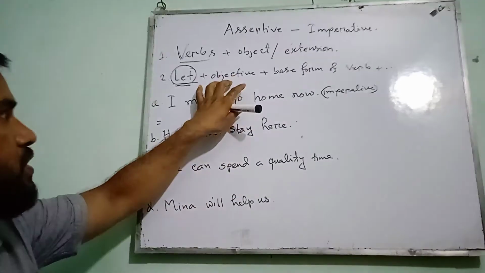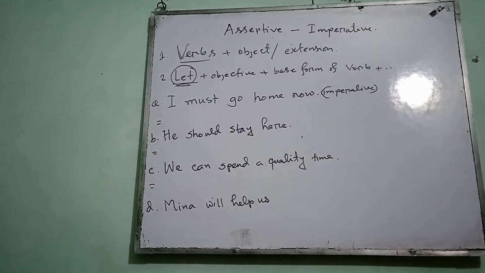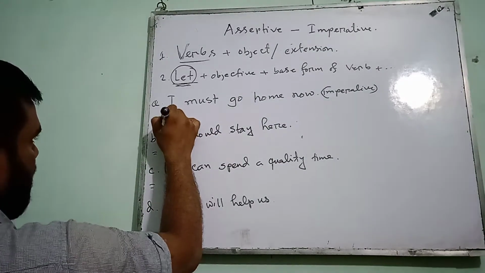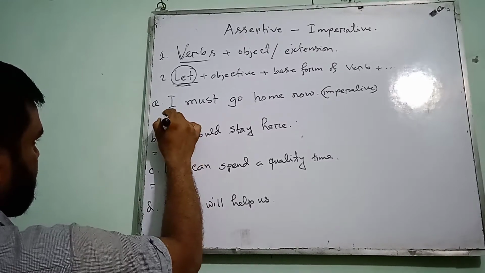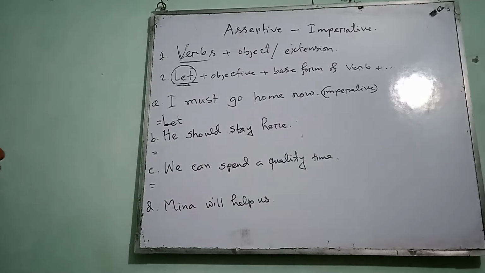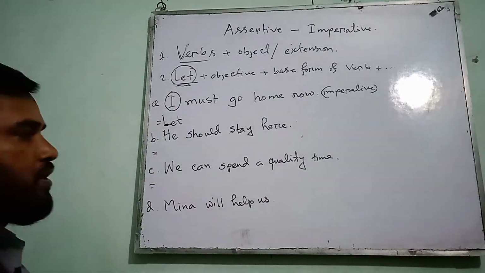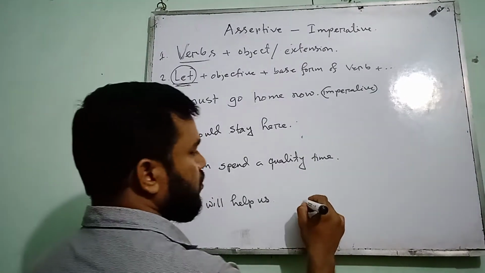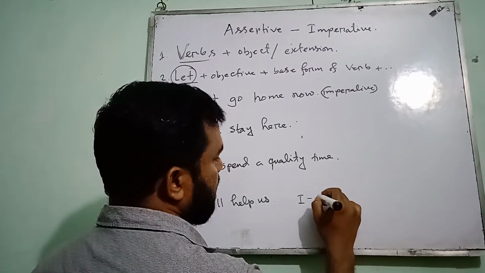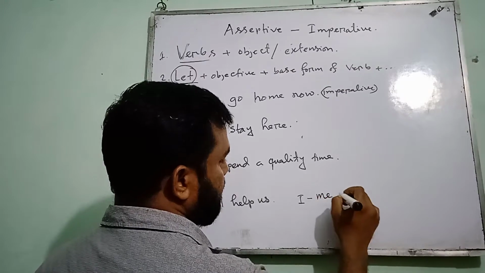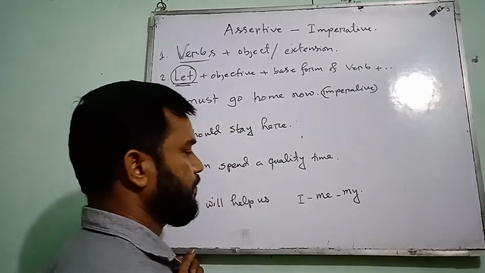So we have to use the second structure of making imperative, and according to the structure we have to write "let", then the objective form of I. We know I is the subjective form, the objective form is me, and my is the possessive form.